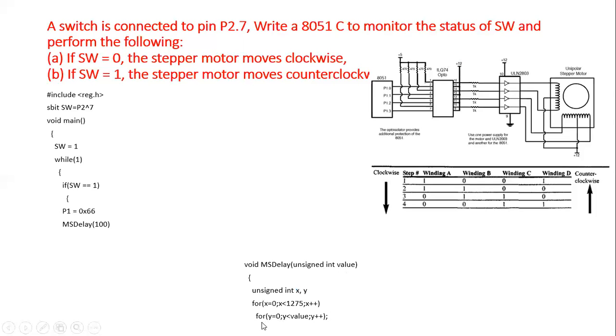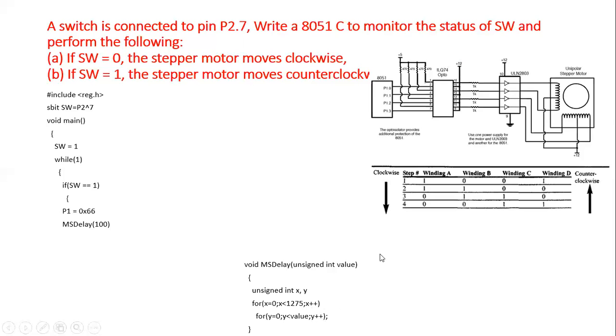The second for loop does not have any statements to execute, so it is terminated with a semicolon, and this entire statement will get repeated for 1275 times.